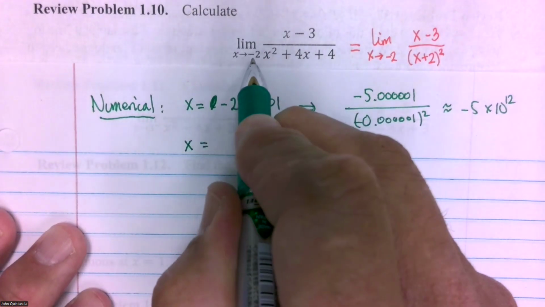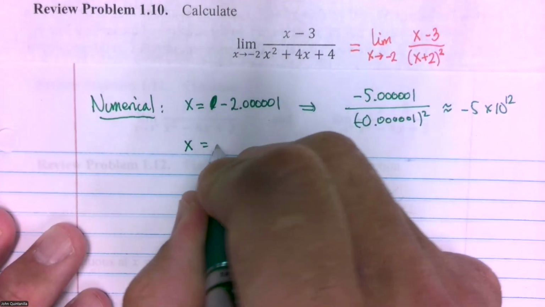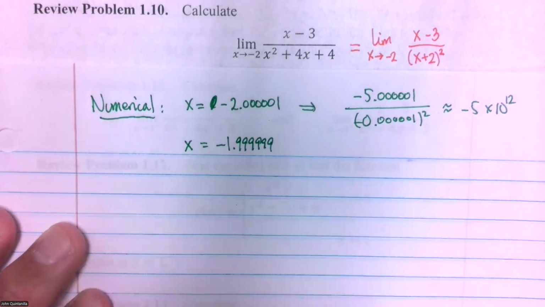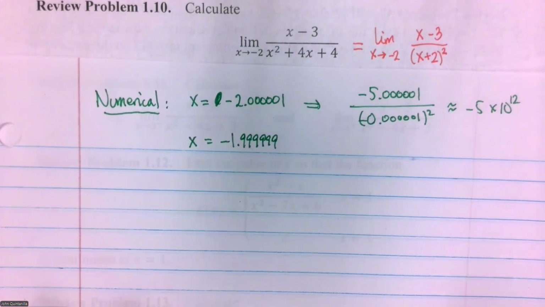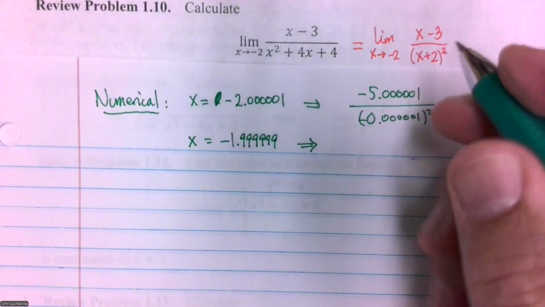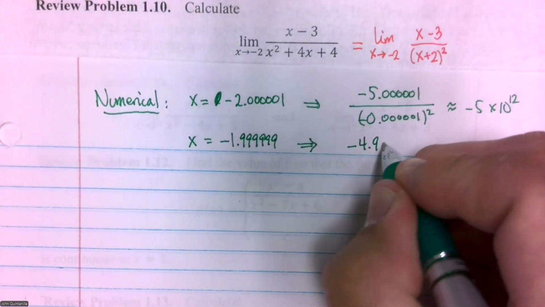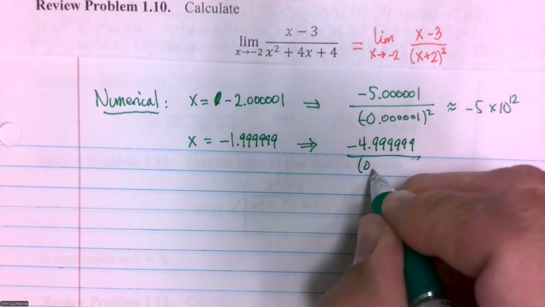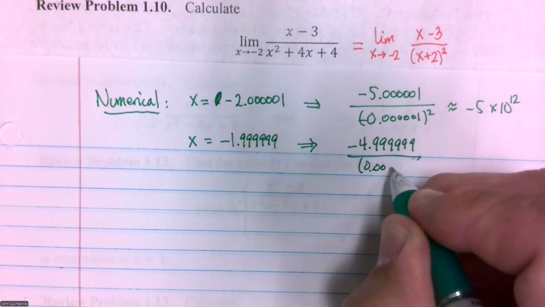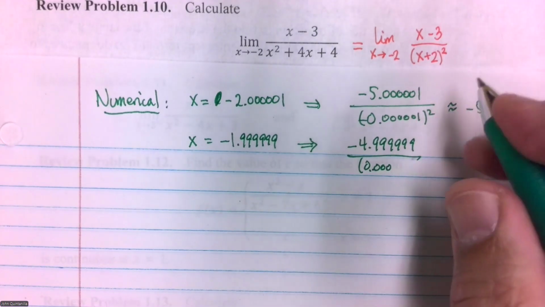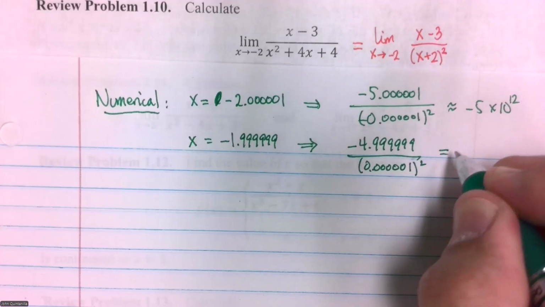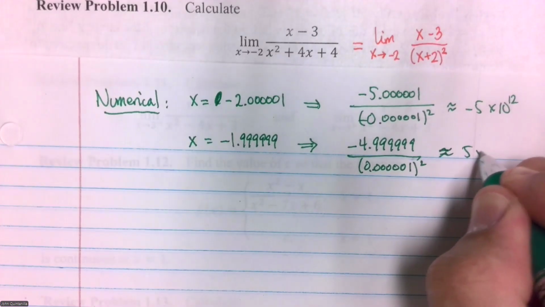So this is blowing up, in the negative direction. Likewise, if I plug in something a little bit to the right of -2, like -1.999999, a millionth more than -2, then the top is about -4.999999 divided by a tiny squared number, and this would again be approximately -5 times 10 to the 12th.